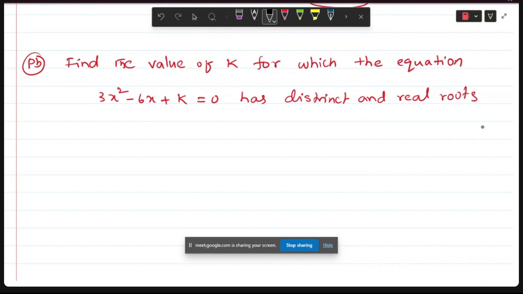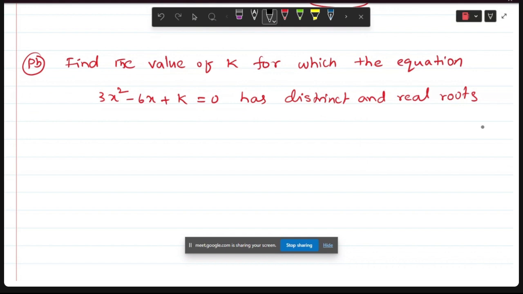Yes, there can only be one answer. K is equal to 3. Only k is equal to 3 I'm getting, sir. Is there one more answer? There's only one answer, right, sir? What is the answer? K is equal to 3.